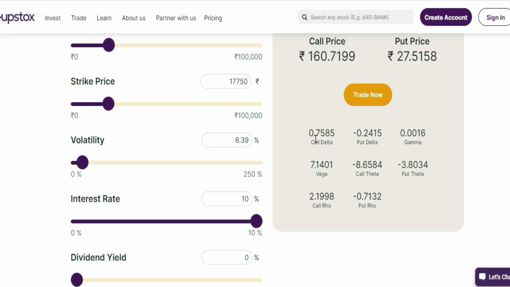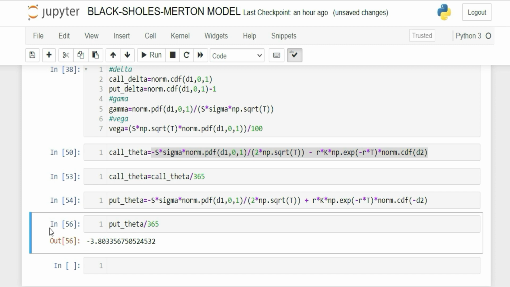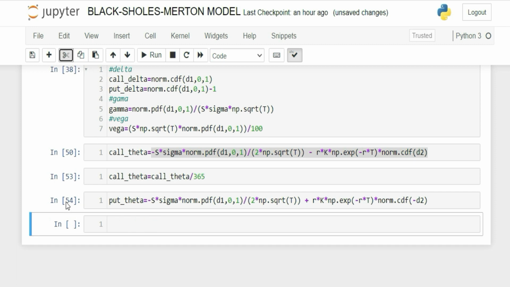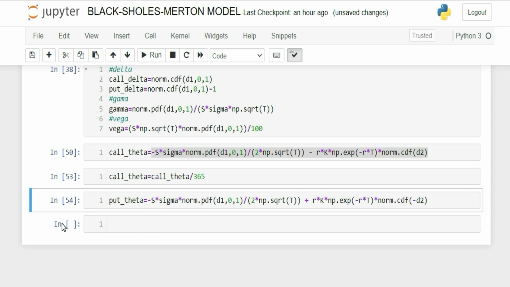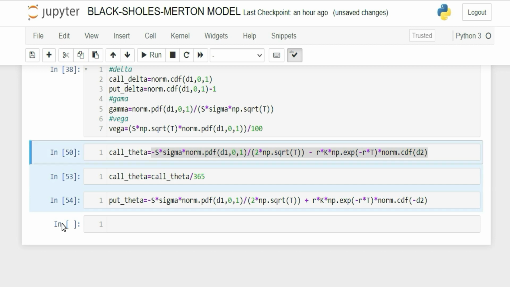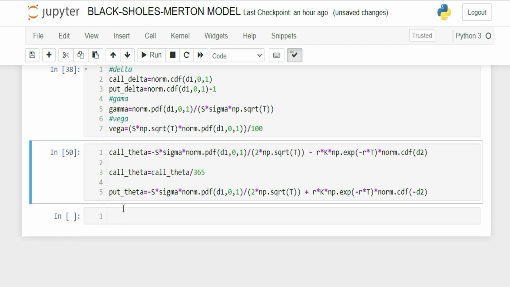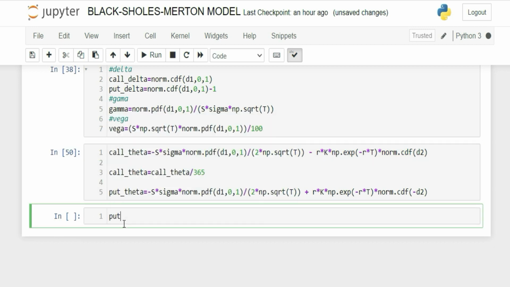If you go and check here, put theta minus 3.80. Okay, so now the put theta is also matching. So we got put theta and call theta here.